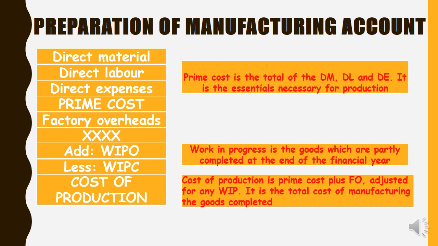Remember the manufacturing account items: direct material plus direct labor plus direct expenses, you will get a prime cost. Prime cost plus factory overhead plus work in progress opening minus work in progress closing, you will get a cost of production.